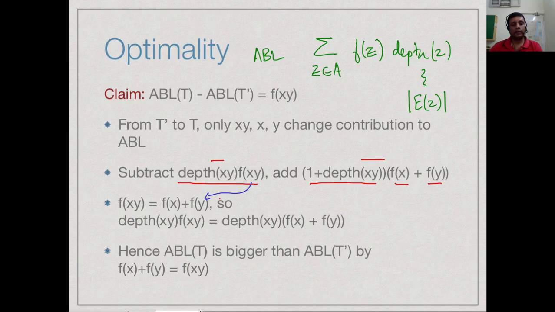So this left-hand side term is actually this right-hand side component, depth of xy times fx plus fy. So I'm subtracting this and adding it back, so they cancel each other out. Okay? So all I'm left with is 1 times fx plus fy, which is fxy. Right? So in going from T prime to T, the crucial thing is it only depends on which letters I have contracted. That fixes the difference uniquely.